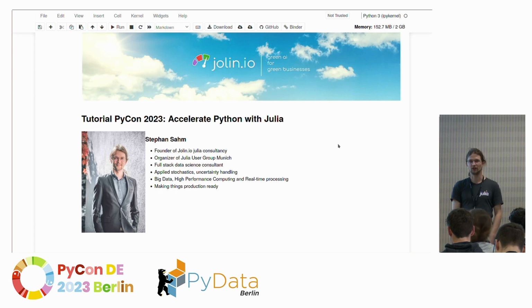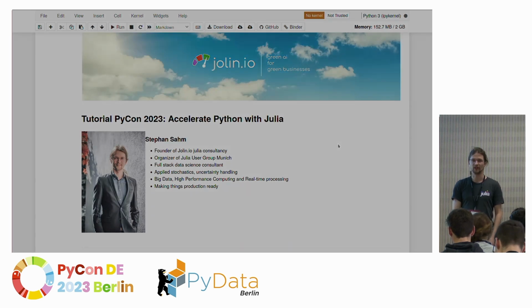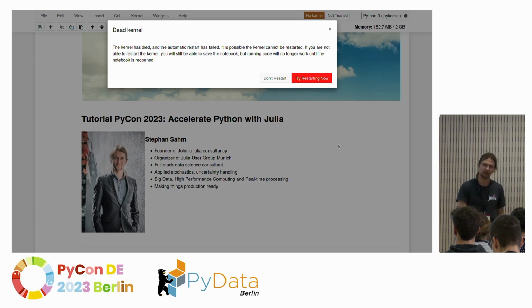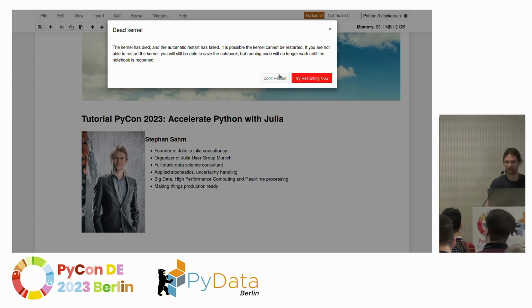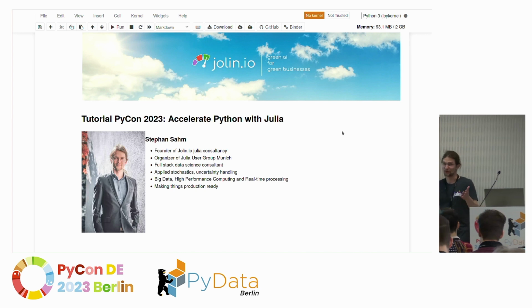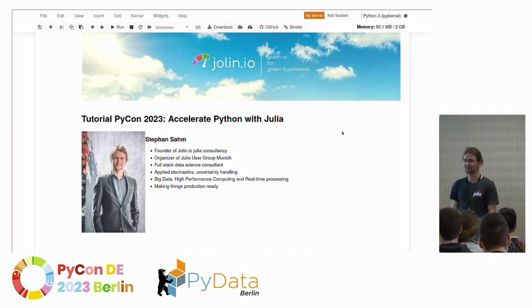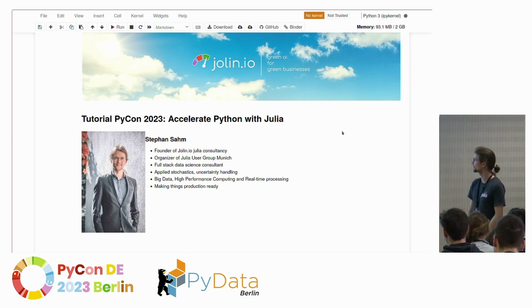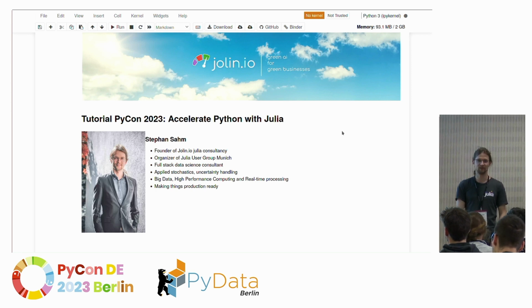For a bit longer, I organized the Julia user group Munich. It started 2.5 years ago, and we have a monthly, mostly online setup because of Corona. The last years were a little bit online driven, so I'm very thankful to have this session in person again. Other than that, I came from academia, from stochastics, an applied mathematician, and I also did cognitive science, which I really loved and can totally recommend.